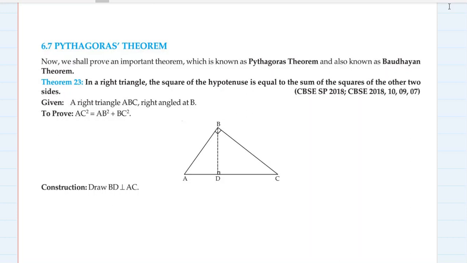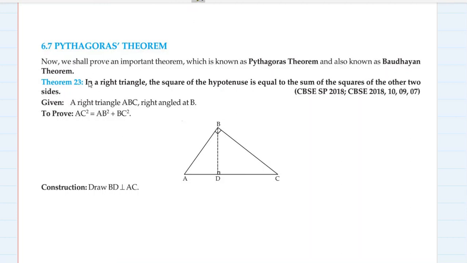So remember that Bodhayan was the sage who discovered the relationship between the sides of a right angle triangle, but it is now called Pythagoras theorem. No problem, what is in the name, but we should know the discoverer.